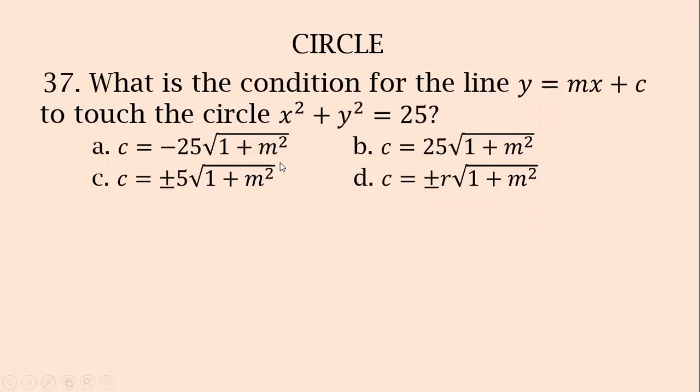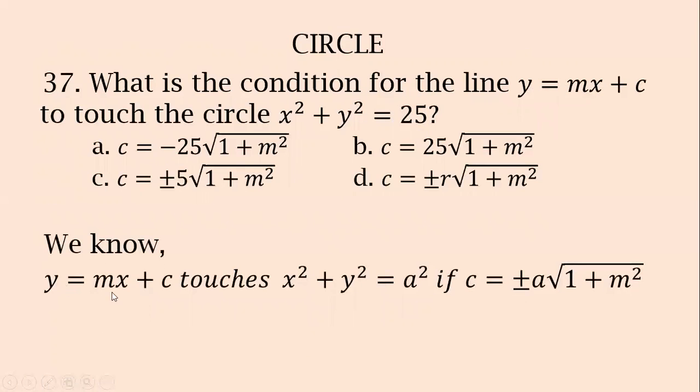Now the next question. What is the condition for the line y is equal to mx plus c to touch the circle given? Actually, we discussed it earlier. In that case, this 25 was a square. So comparing, y is equal to mx plus c touches the circle if c is equal to plus minus a root over a square plus m square, and we have elaborately discussed this in MCQ 17.